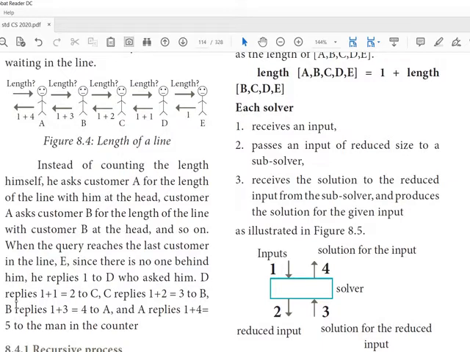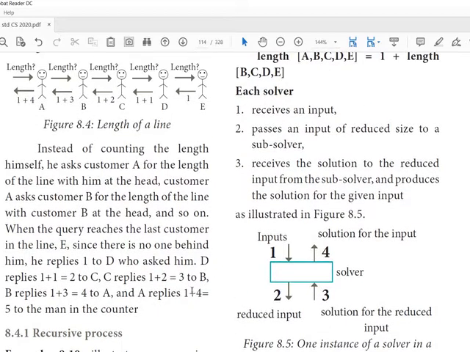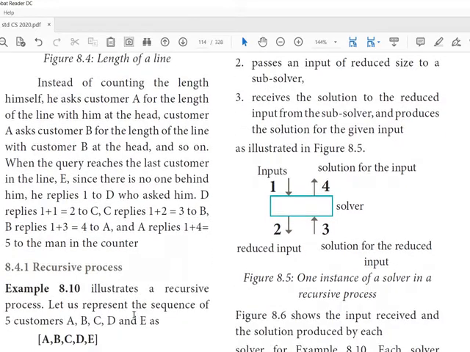So D replies 1 plus 1, that is 2. C replies 2 plus 1, that means 3 persons. Then 3 plus 1, 4 persons. So A replies 1 plus 4, that is 5 persons in the counter. So the counting is split and it is done repeatedly.